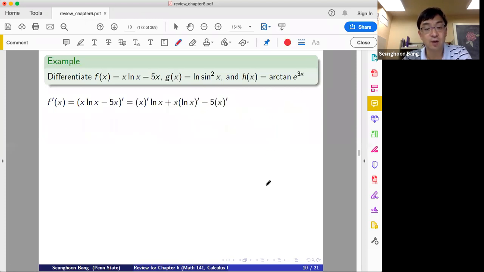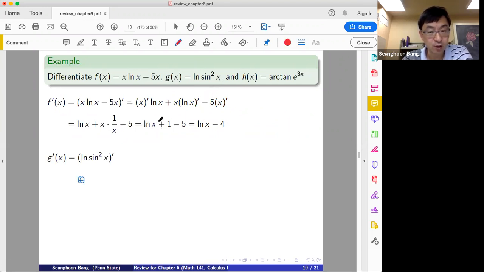That's the answer for f prime. Second one: what is the derivative of ln of sine squared of x? How can you do that? Do you know this one? For ln of something to the power n, the n always goes down, so we have n times ln of x. Same here: the 2 is a power going down, not outside but inside; it doesn't matter.